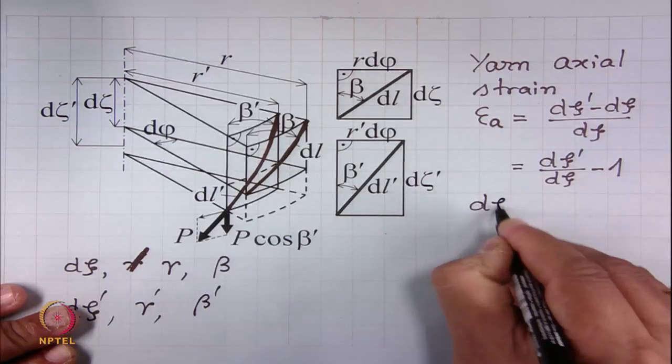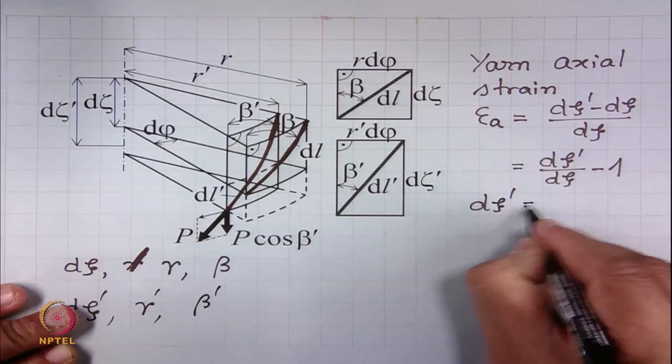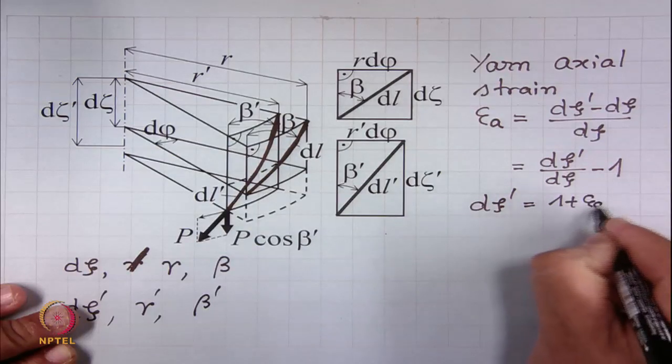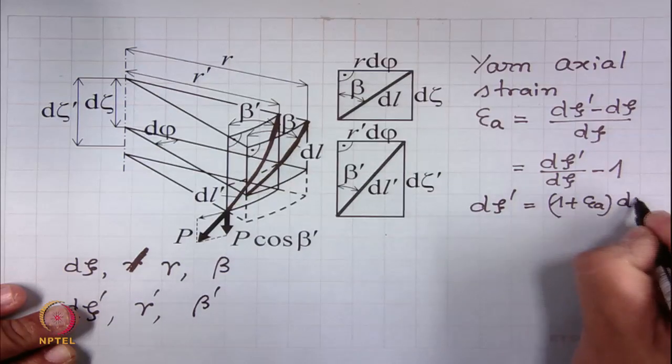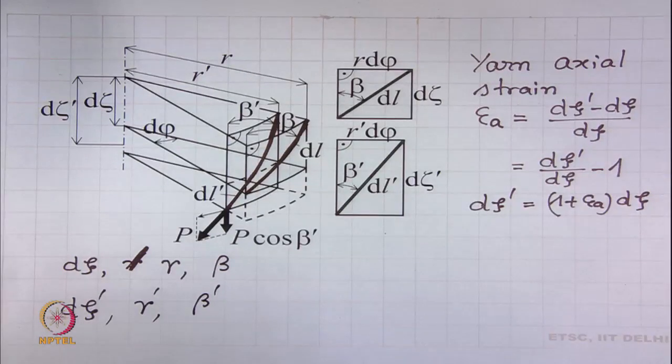So we obtain d zeta prime equals 1 plus epsilon a times d zeta, right. Second is the radial strain.